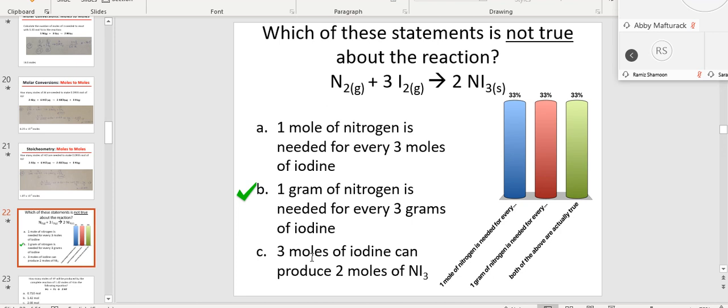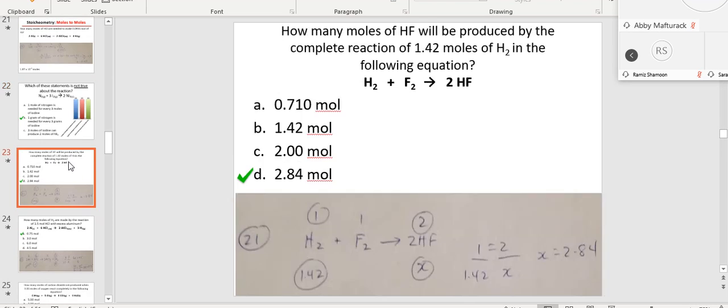C, 3 moles of iodine can produce 2 moles of NI3. 3 moles of iodine can produce 2 moles. Yes. Okay. What do we got here now? How many moles of HF will be produced by the complete reaction of 1.42 moles of H2? So again, you will be able to see this there.